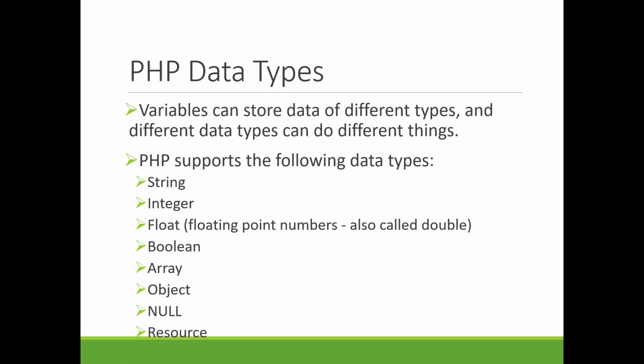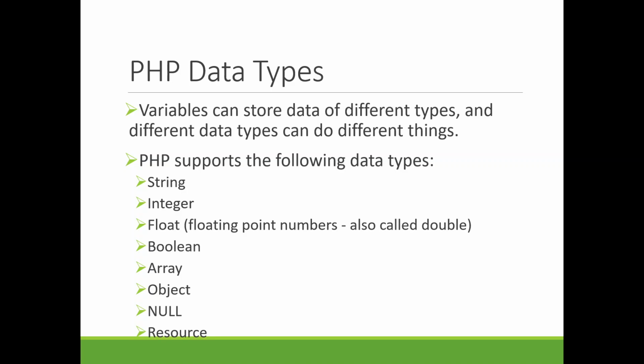Okay, now, even though we said that PHP is a loosely typed language, the truth is that behind the scenes, PHP will convert your variables to particular data types depending on the value that you store in it.